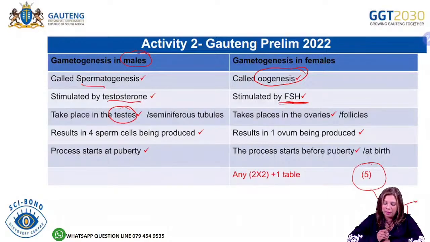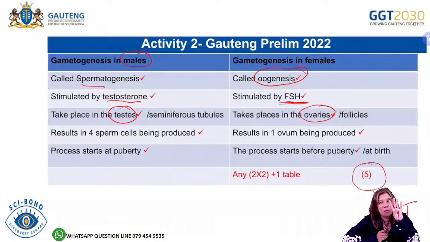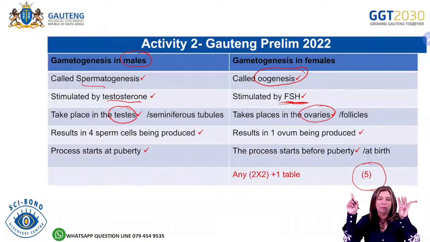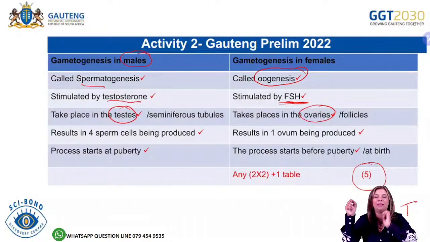Okay, and the site in which it takes place in females is the ovaries and the follicles. Now gametogenesis in the males results in 4 sperm cells being produced. We know that this is going to differ with the female because we already know that there's 1 ovum being produced. Okay, we don't count the polar bodies because the polar bodies disintegrate, remember, and they are not gametes. The ovum is a gamete.